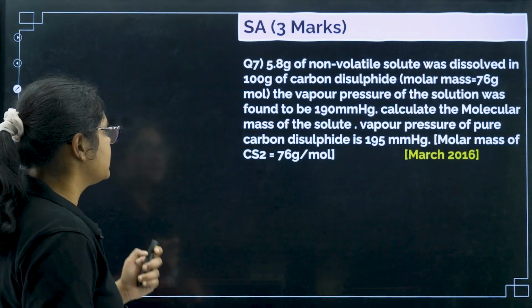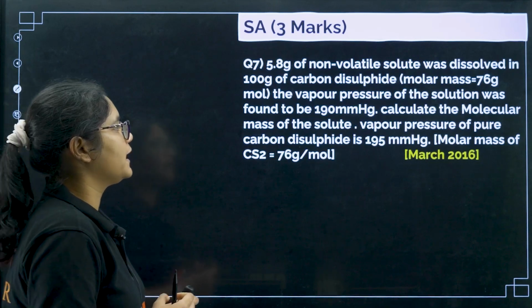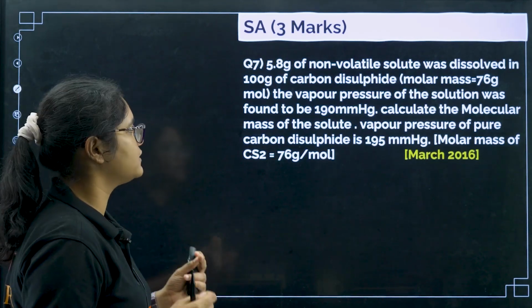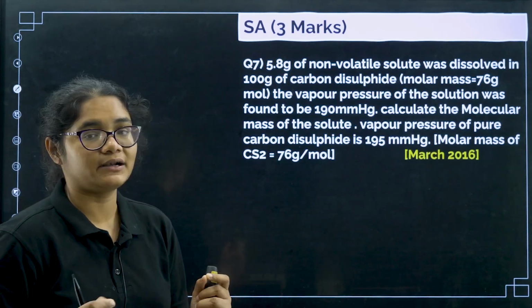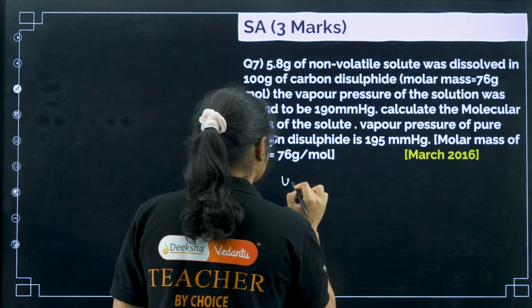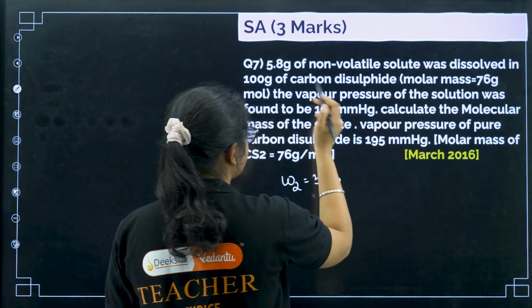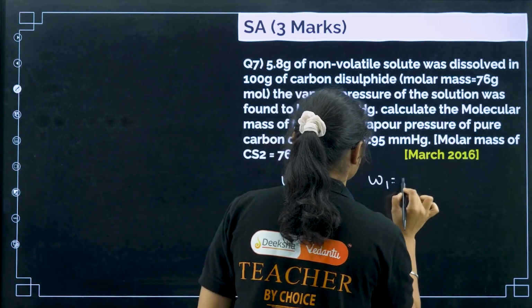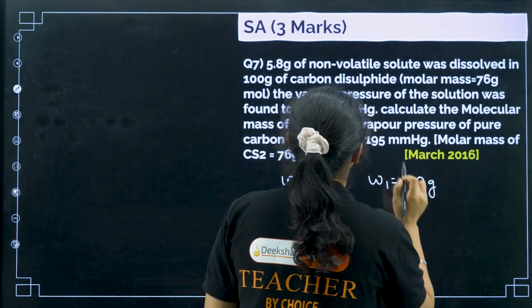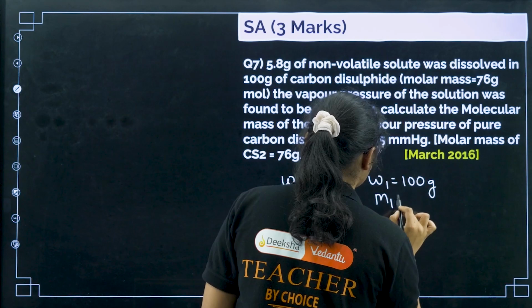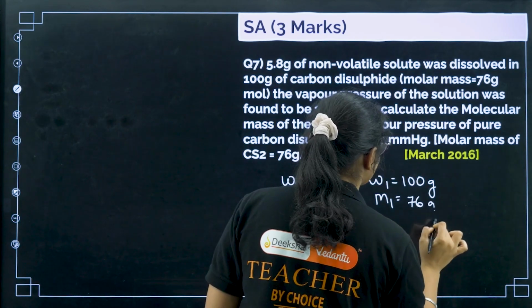Next, question number 7 here. 5.8 gram of a non-volatile solute was dissolved in 100 gram of carbon disulfide. So W2 is 5.8 gram. Carbon disulfide is the solvent, so W1 is 100 grams. Molar mass is given, so M1 is also given, that is 76 gram.